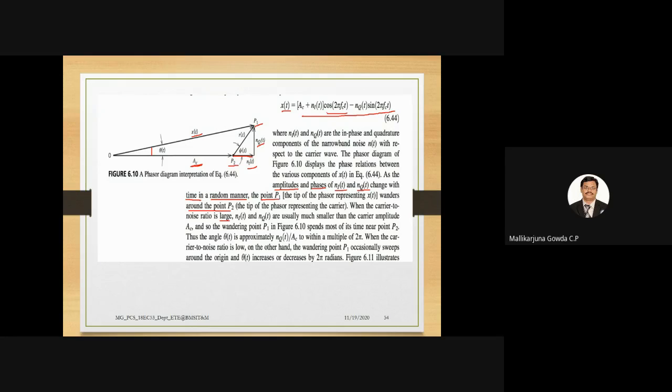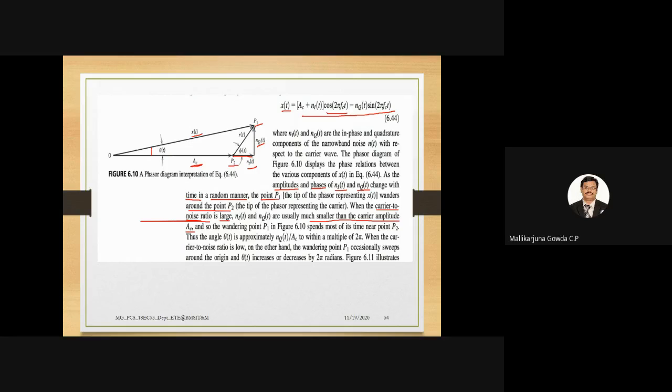When the carrier to noise ratio is large, the in-phase component and quadrature component are usually smaller than the carrier amplitude. When the carrier to noise ratio is large, it means the carrier component is larger than the noise component.